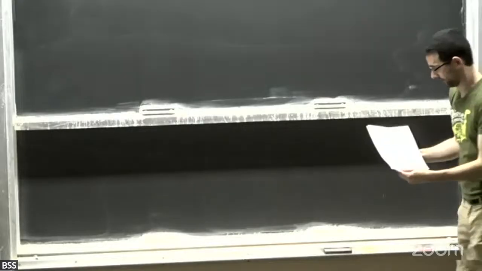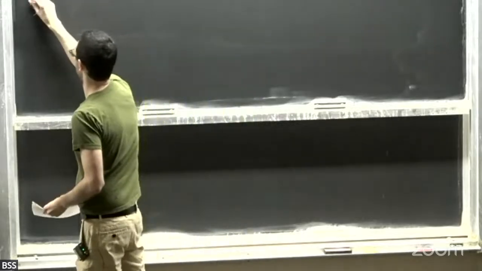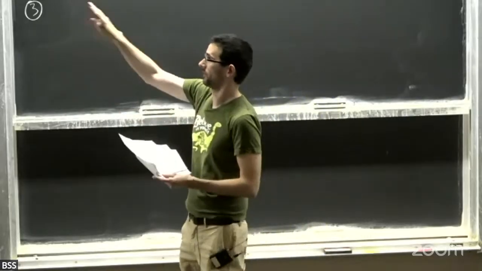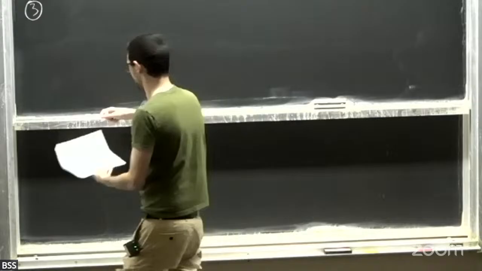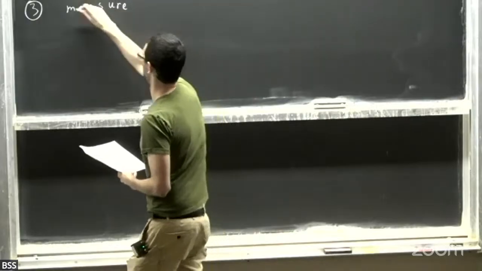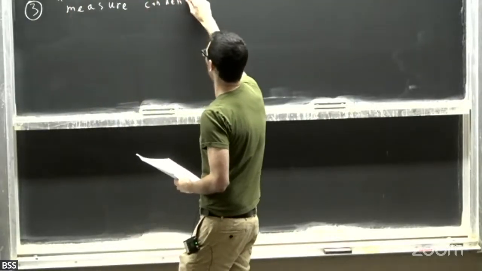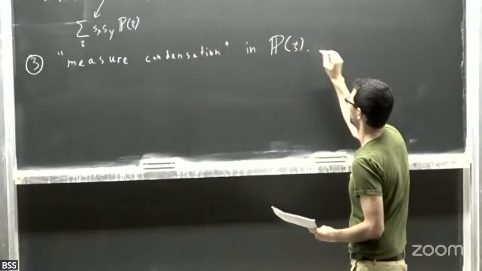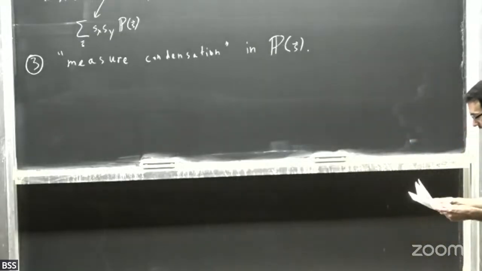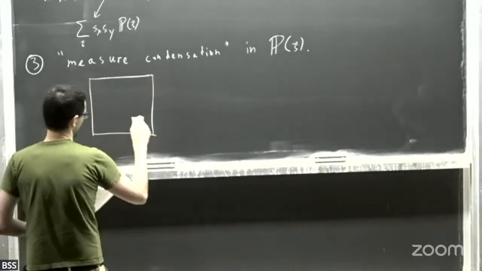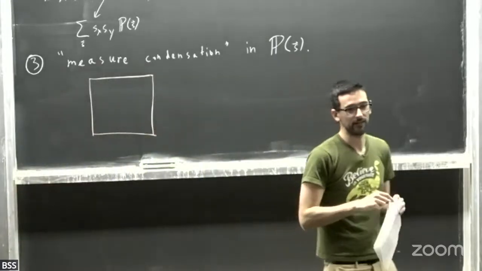Okay, the third thing, this is maybe closer to what you were getting at. This is actually my preferred way to think about the problem of order in this system: we can think of the ordered phase as a kind of measure condensation in our Gibbs ensemble. What do I mean by this? Here, let me give you an artist's rendition of the hypercube of n dimensions.